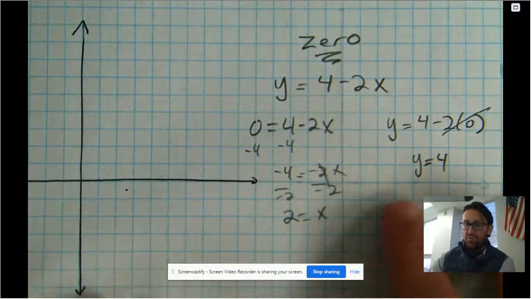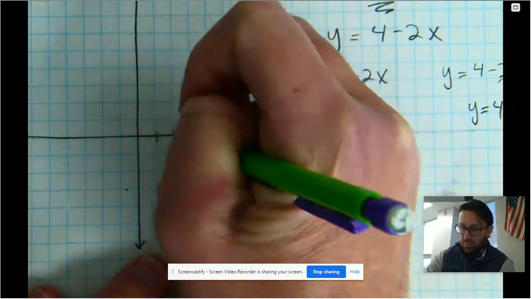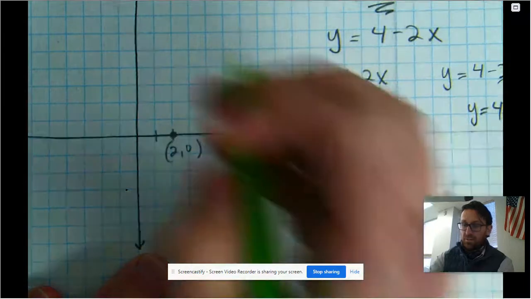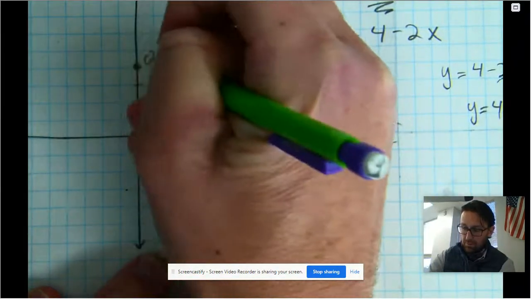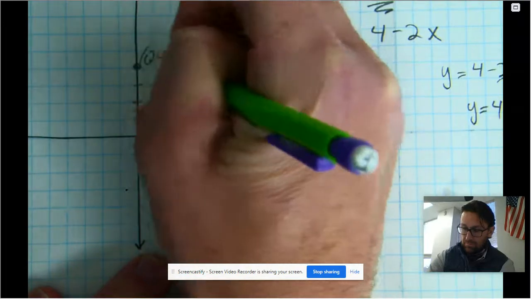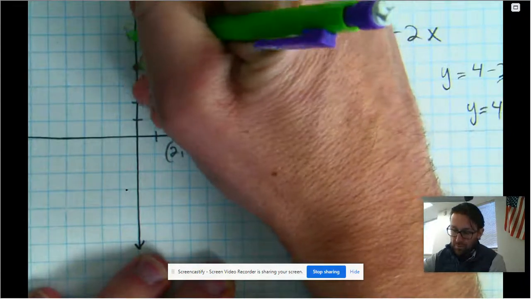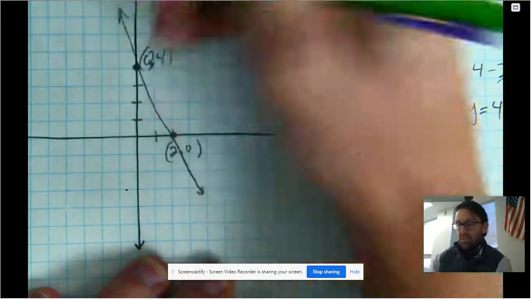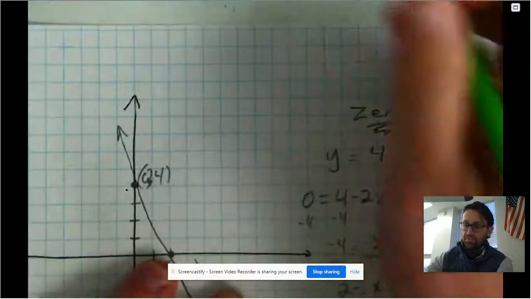So if I graph those 2 points, (2, 0) and (0, 4), all you need is 2 points to make a line. Get your ruler, make a nice straight line. That's not so straight, but you get the idea. So that's graphing using intercepts.